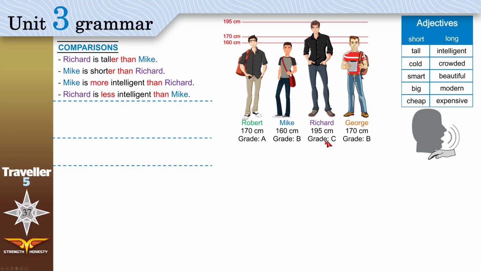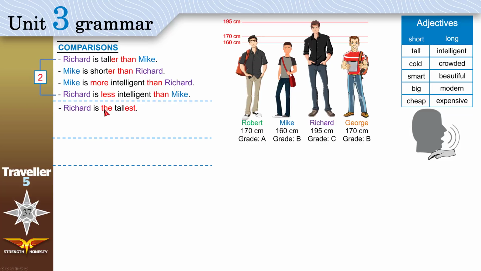Richard's grade is C. Mike's grade is B. So Richard isn't very smart. He is less intelligent than Mike. Here, we are comparing between only 2, Richard and Mike. When we compare between more than 2, we compare between all the 4. Richard is the tallest, 195 centimeters tall. He is the tallest.